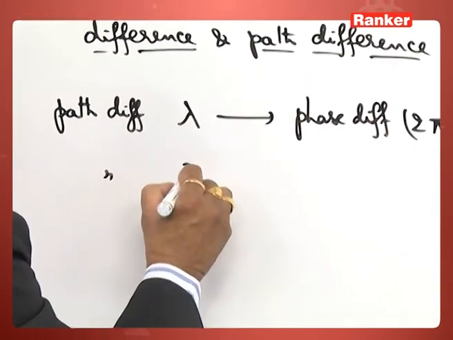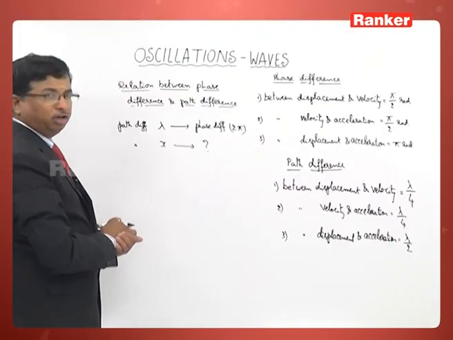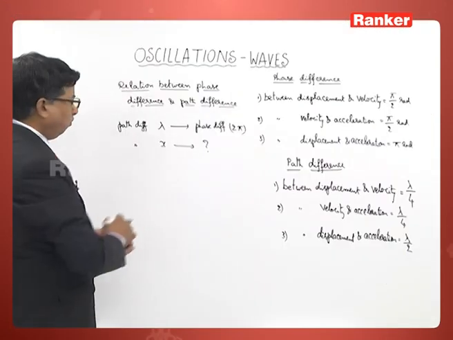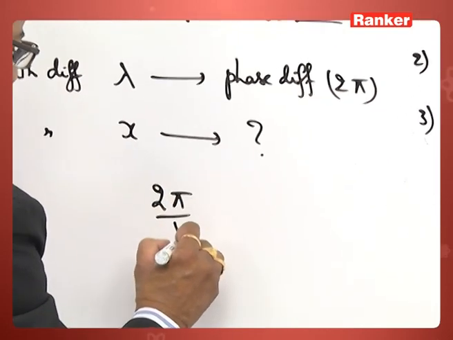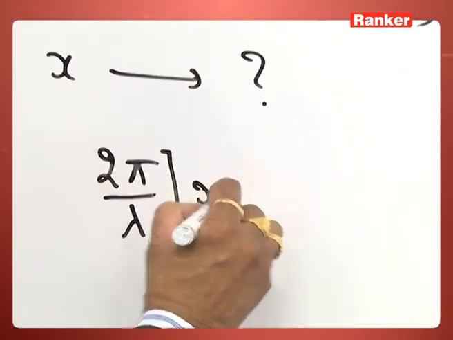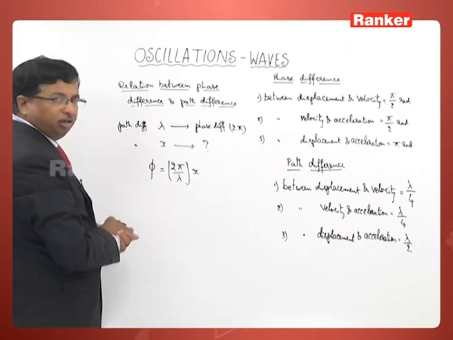For a path difference of x, what would be the corresponding phase difference? What will be the value now? You can say 2 pi by lambda into x, that we represent by phi.